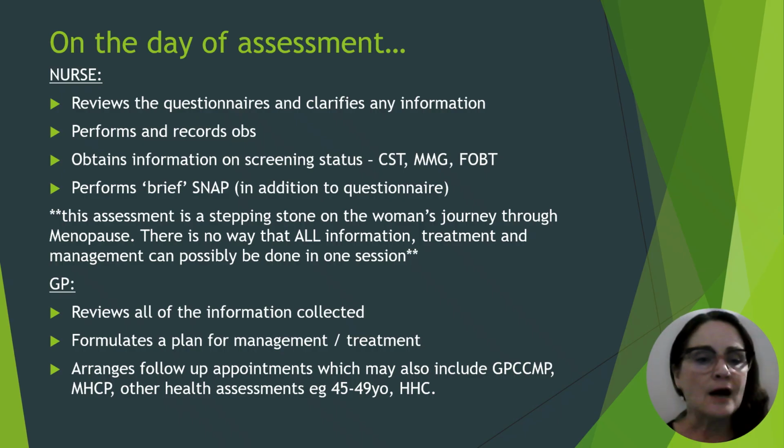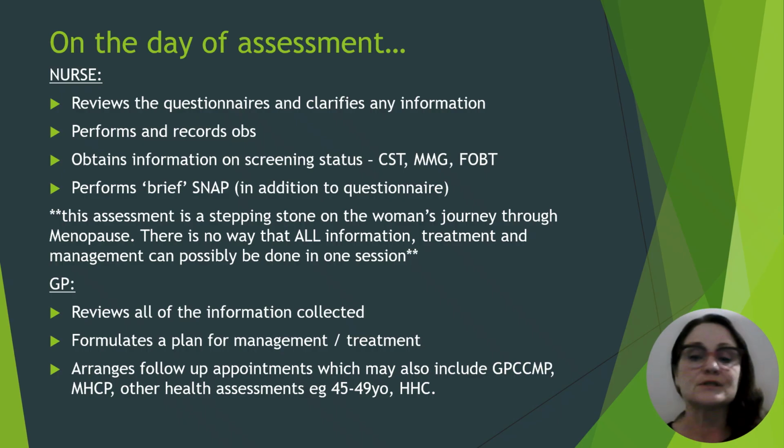100%. So there are also other health assessments that can be done in the same year as this particular health assessment. While the 695 can be done annually, they may also be eligible for other time-based assessments or a heart health check. They can all be done within the same 12-month period, as long as they're eligible and meet the criteria.